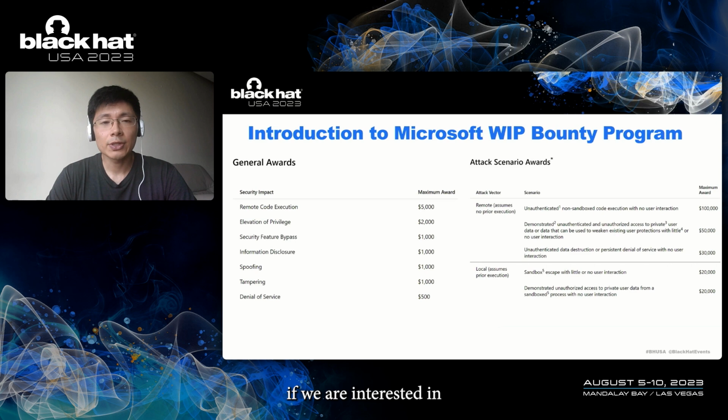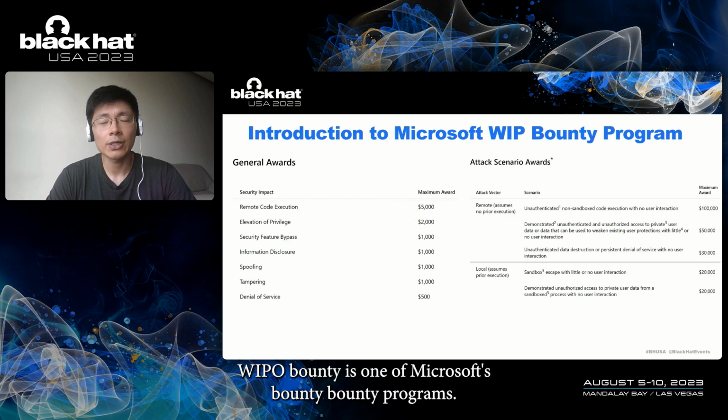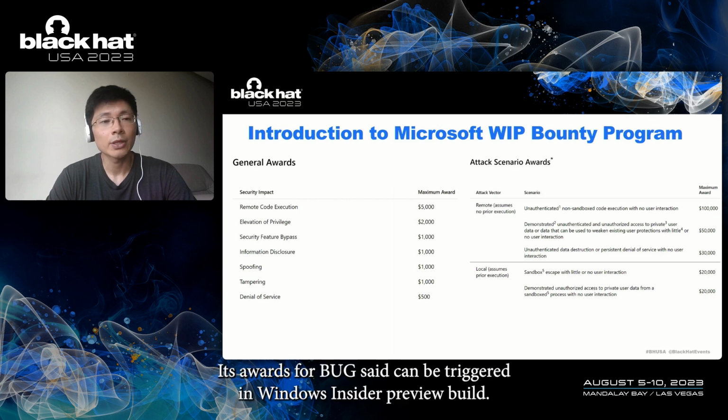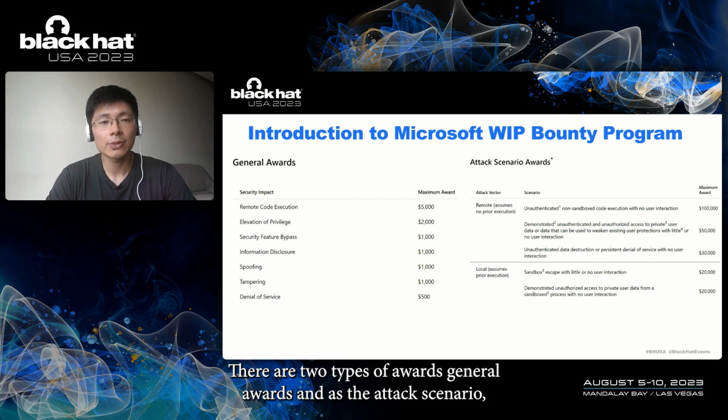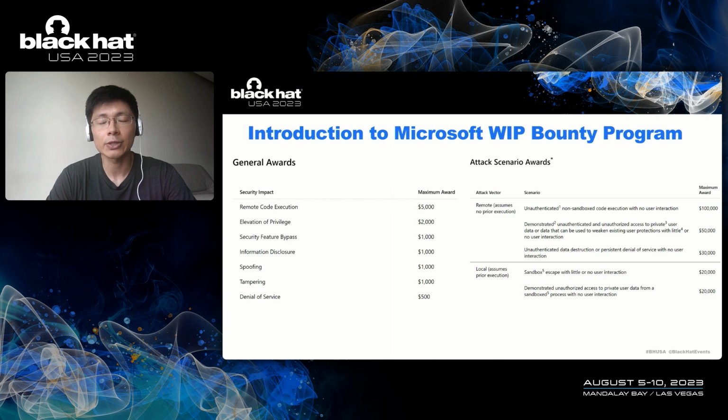If you are interested in bug bounty programs but never tried the WIP bounty, here is an introduction. The WIP bounty is one of Microsoft's bug bounty programs. It awards bugs that can be triggered in Windows Insider Preview builds. There are 2 types of awards, general awards and attack scenario awards.